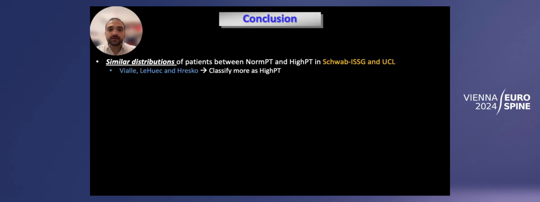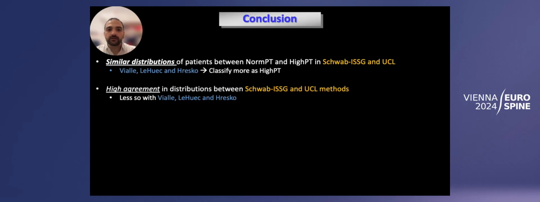In conclusion, similar distributions of patients were found between the norm PT and high PT in the Schwab ISSG and the UCL methods, while the other methods classified patients more as high PT. Similarly, there was high agreement in distributions between these same groupings of methods, but not in between them.